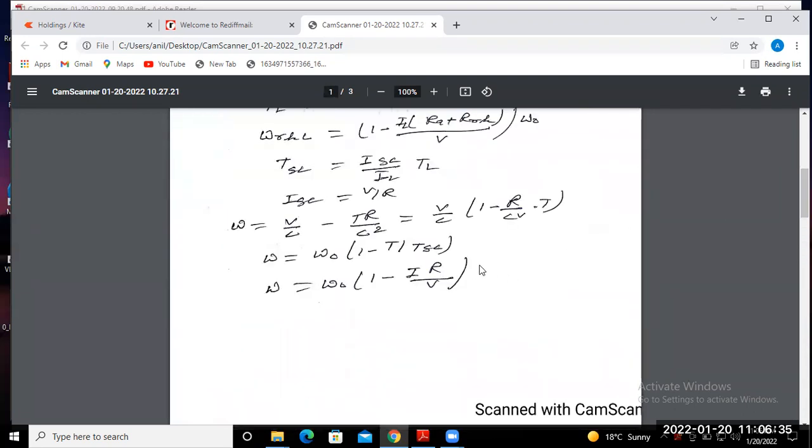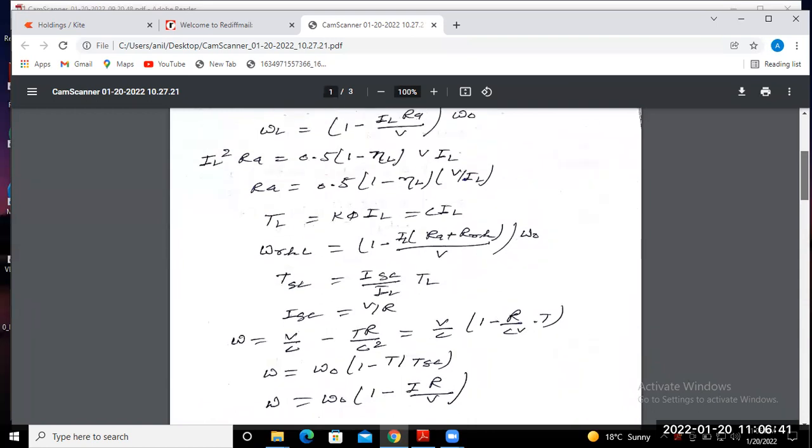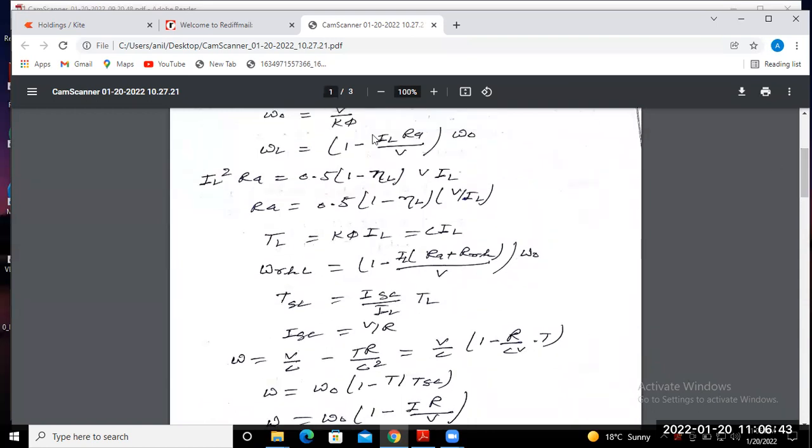So for omega L, from the relation we derived earlier, put in this equation omega L equals 1 minus IL RA by V, into omega 0. You already found the value of omega 0. Now put in IL, the full load current, into RA by V, and find out the full load speed.